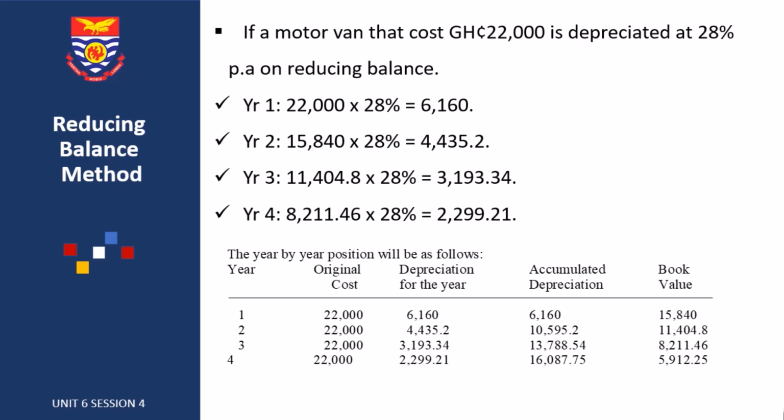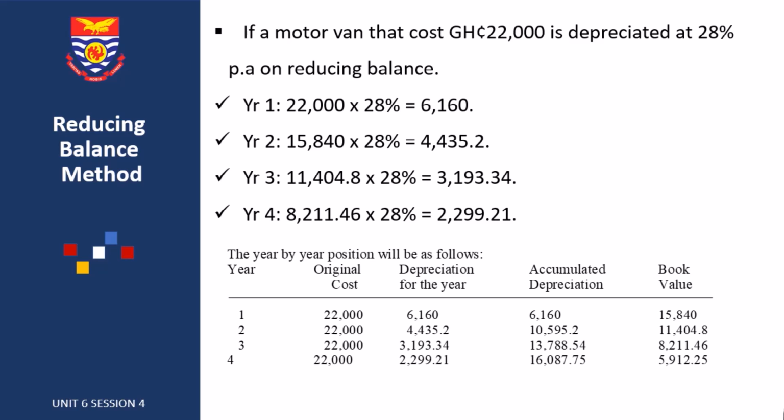But in the statement of financial position, we only show the original cost, the accumulated depreciation, and the net book value. So for year 1, the statement of financial position will indicate for the motor van the cost 22,000 minus the accumulated depreciation 6,160. So when we less that, we arrive at the net book value of 15,840.